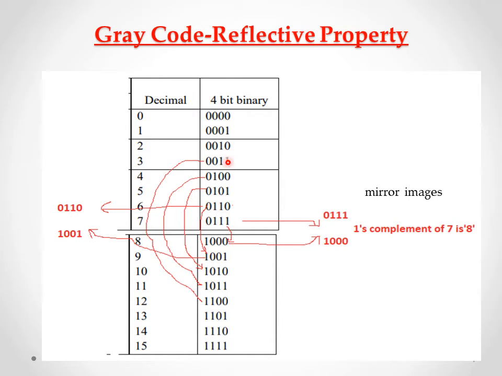In the same way 3 and 4 differ by a single bit. So here changing from one code to the next is very easy, and the possibility of error occurrence is very low if you are using the gray code.